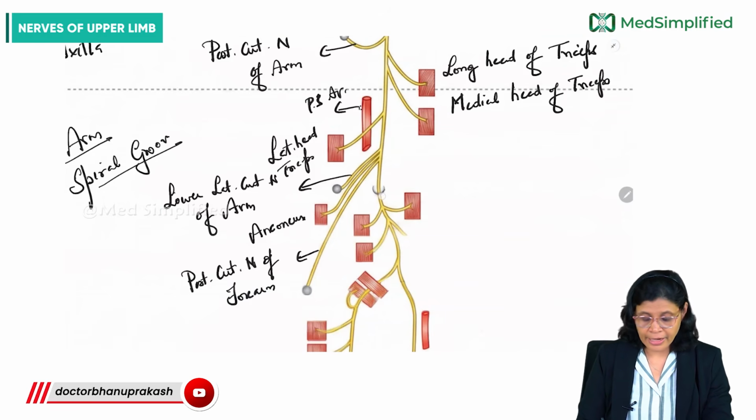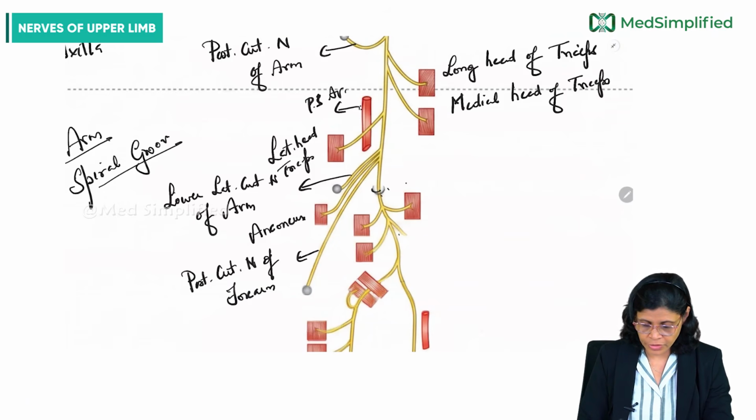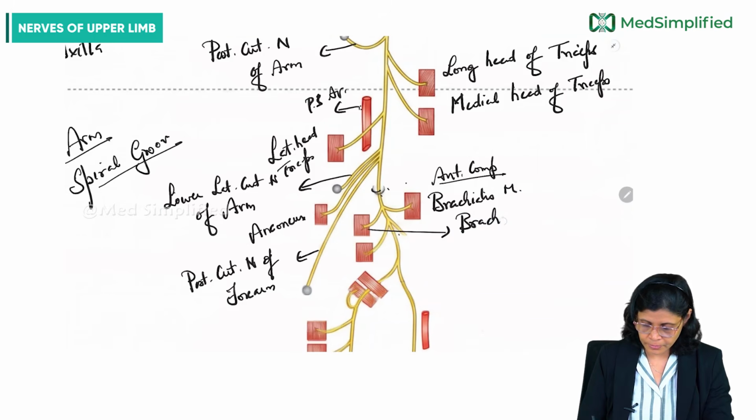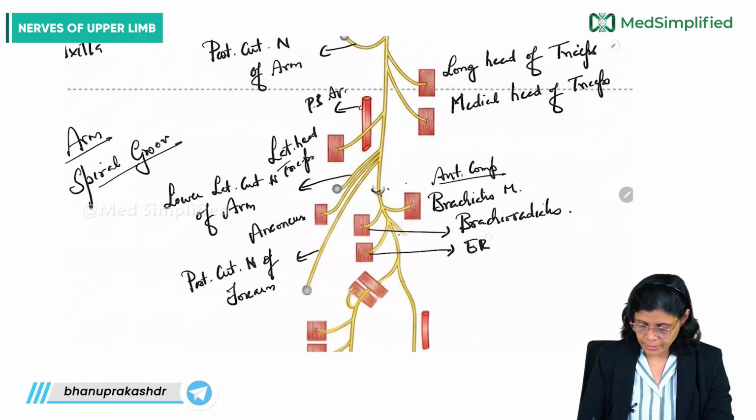It then pierces the lateral intermuscular septum and enters the anterior compartment. So from the posterior compartment it comes to the anterior compartment of arm, where it will supply the brachialis muscle, then the brachioradialis muscle, and then the extensor carpi radialis longus muscle.